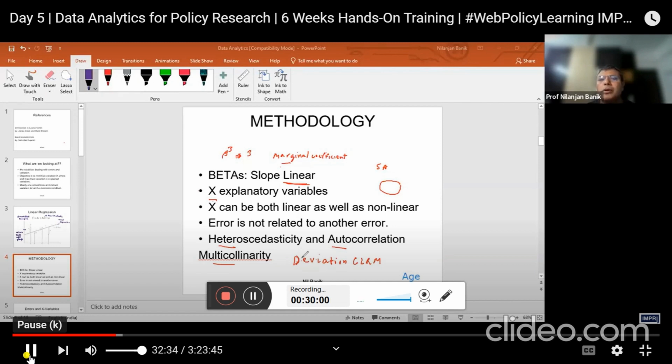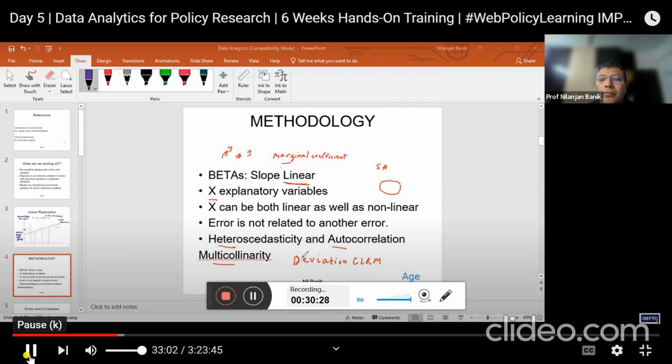Because through our sample regression function, we want to estimate a function which mimics as closely as possible what we see in the population. Then we are also saying that the error terms are unrelated across space or across cross-section, as well as not related across time.